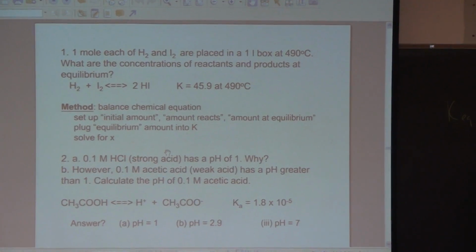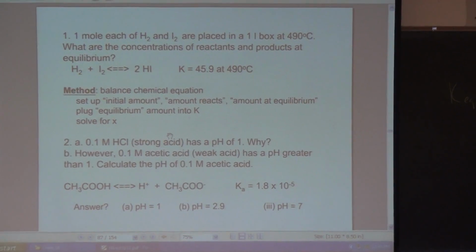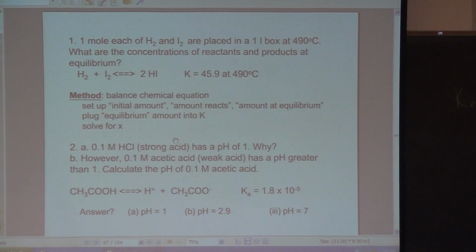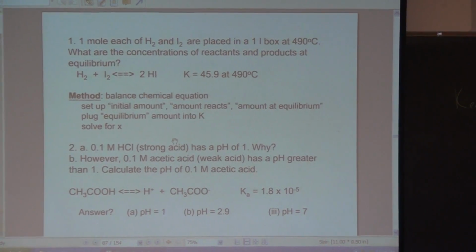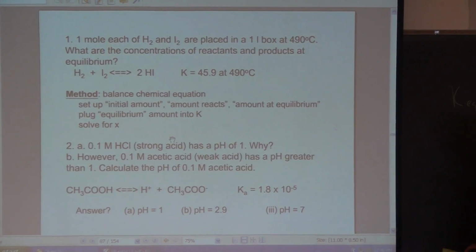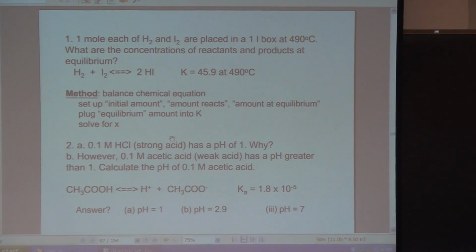Okay, so again, just as a review, how do you do that calculation? Yeah, we have to look up the Ka of acetic acid, so let's do that one more time. We have acetic acid, and this dissociates into H plus, and what's the other ion?